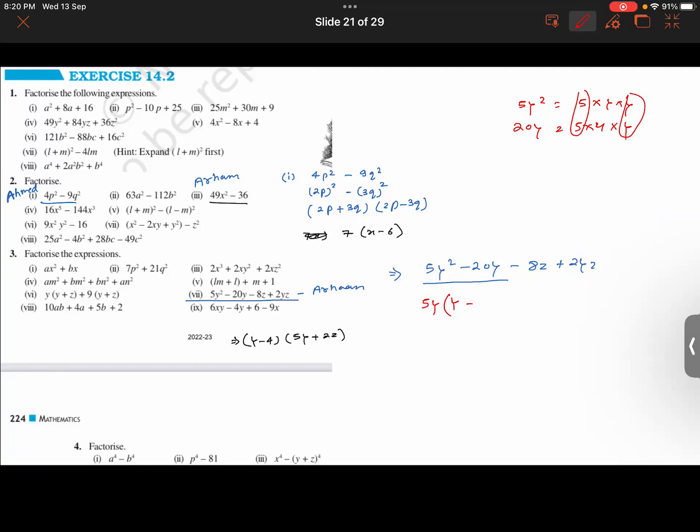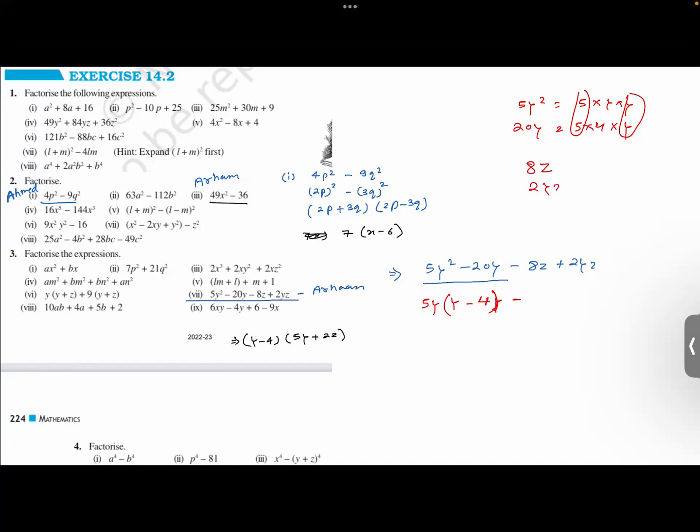Now if you take 5y out of 20y, you are left with what? 4y. Or only 4 actually, not y. What about this 8z and 2yz?